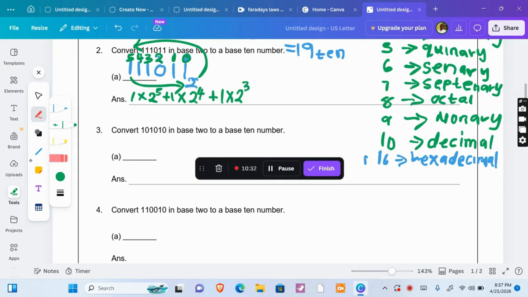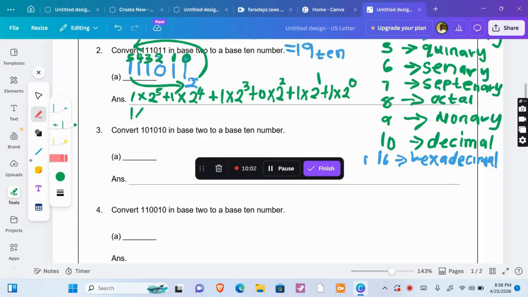Remember, this is 1, 2, 3. Then the next number is 0, so plus 0 times 2 raised to the power of 2, plus 1 times 2 raised to the power of 1, plus 1 times 2 raised to the power of 0. Do you see that? Pick every digit multiplied by 2 raised to the power of the numbers up.